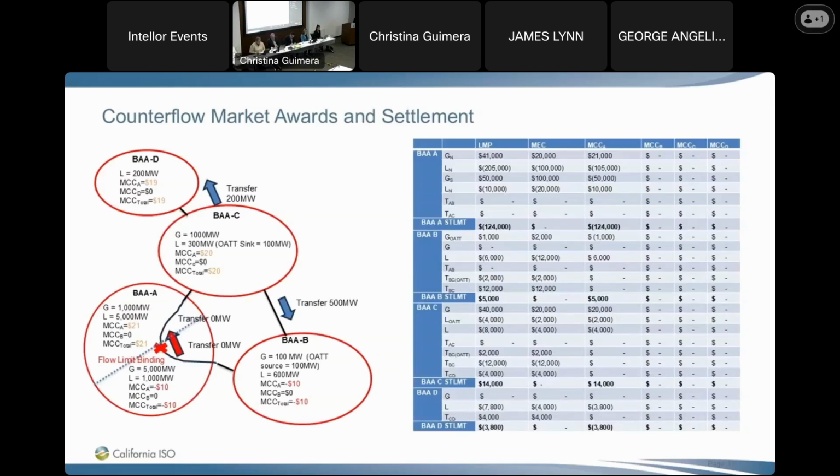But the price in BAC that the generator is paid is $40. Price that load pays in BAB is $10. So I'm having a hard time trying to understand how generation is flowing from a high-priced area to a low-priced area.